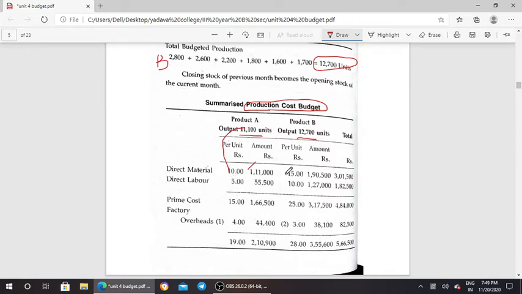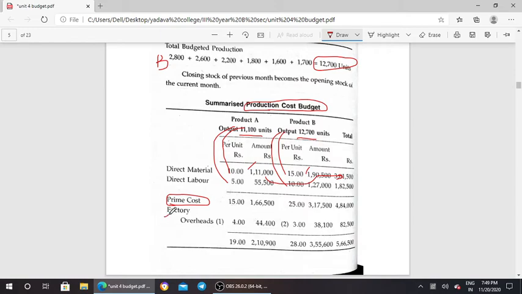Then for product B, 15 into 12,700 gives 1,90,500. When we add these two, we get 3,01,500. Same thing for direct labor: 5 into 11,100, then 10 into 12,700. When we add direct material and direct labor, we get prime cost.